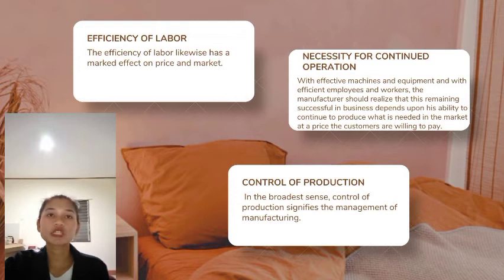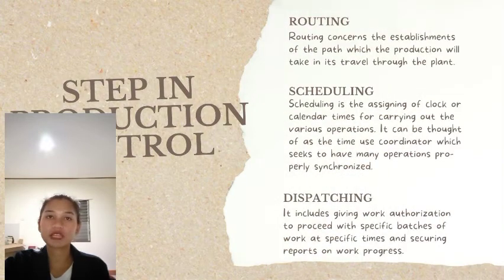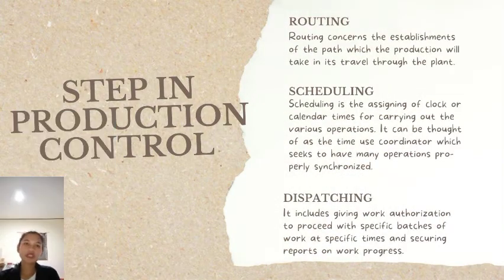Production control makes it easier for work to flow, ensures that parts are available when they are needed, and helps the business meet deadlines. And the next topic is the steps in production control.